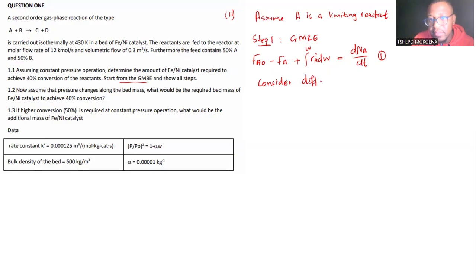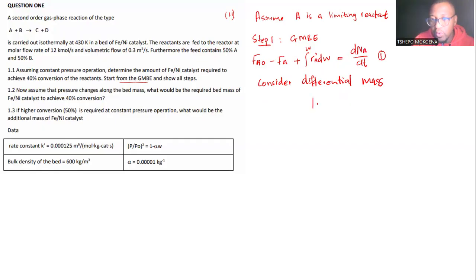We will consider the differential mass for this type of reactor, which is called a PBR. So we consider the differential mass. In short, I don't want to write the long version, I'll just say consider differential mass.